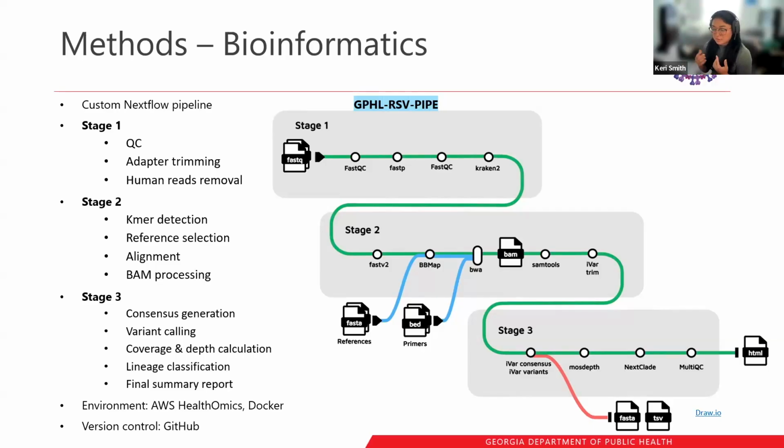And I use MultiQC to give a final summary report of all the data. All of this is done in our AWS HealthOmics environment using Docker containers for each tool. And for code review and version control, all the scripts are placed into a private repository in GitHub.